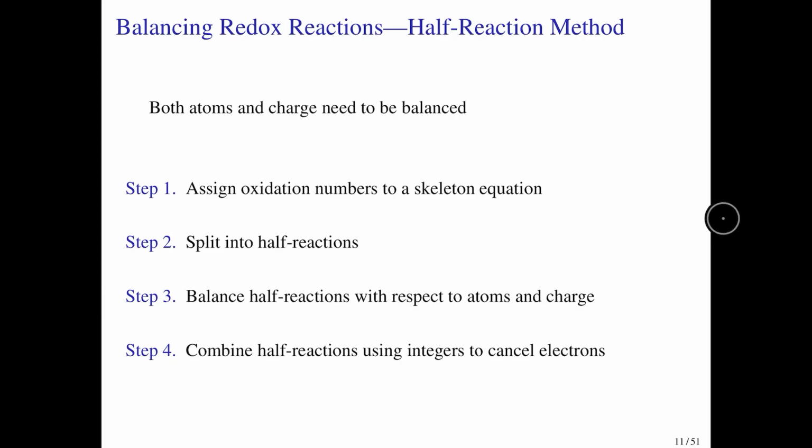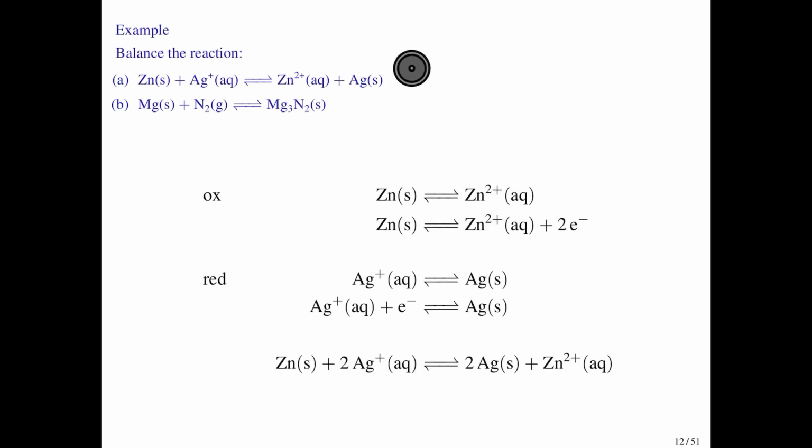So let's illustrate that with an example. So here we've got 2 reactions. I'm going to leave part B as an exercise for you, but we'll do part A explicitly on this slide here. So taking a look at this reaction, you've got zinc going to zinc 2+, and silver plus going to silver.